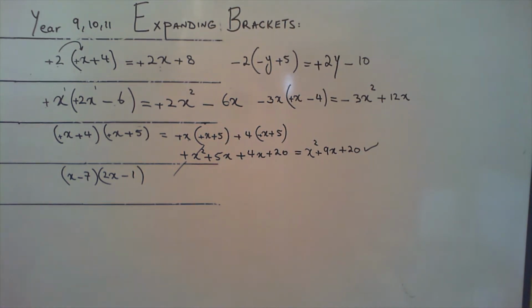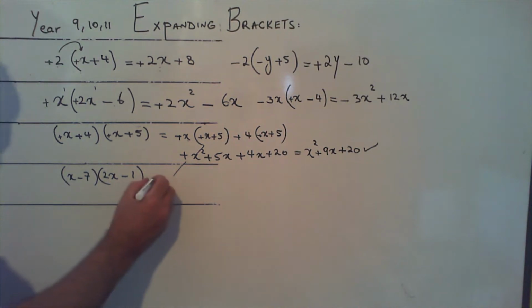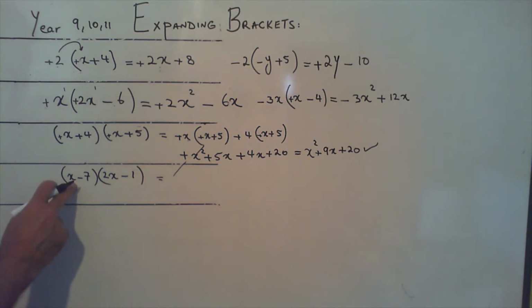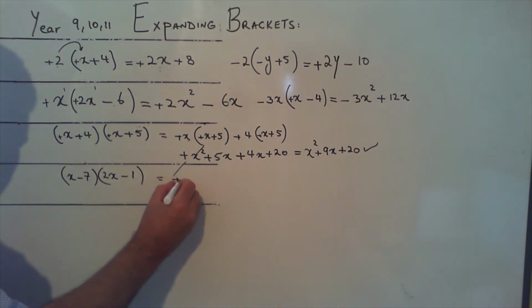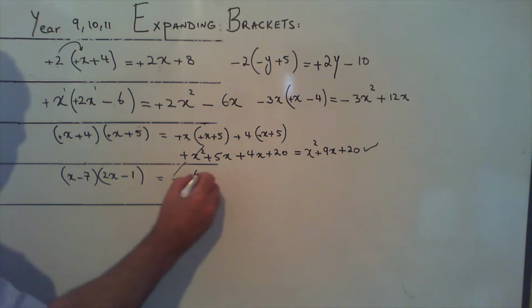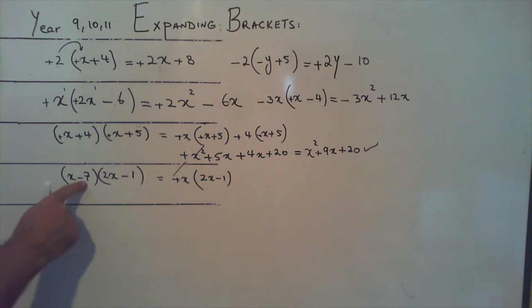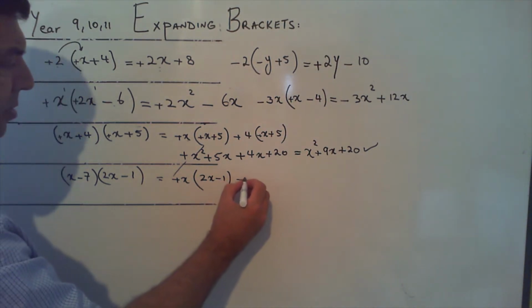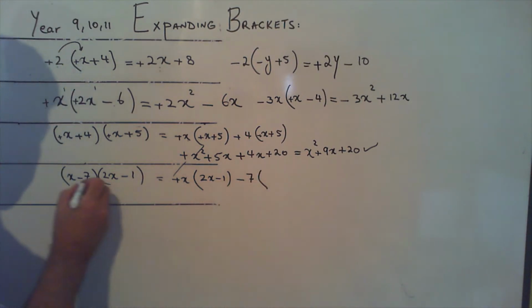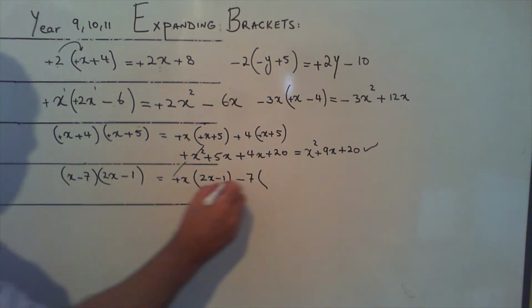Okay, we're going to follow this route. We said that first term is plus x, correct, times the second bracket, that's 2x minus 1. Second term is what? Minus 7, the second term. So I'm going to write minus 7 and second bracket again.